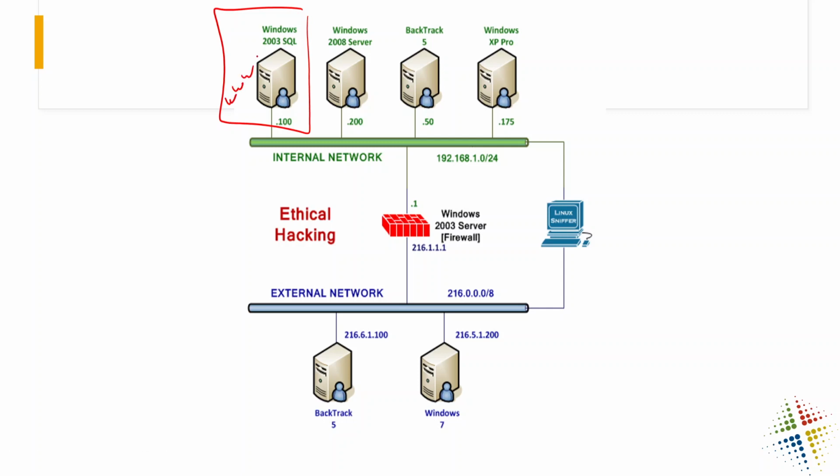What we're going to do is clone that down onto our backtrack machine. Once we've cloned that, we're then going to send a phishing email to the user up here on the XP machine to ask him to log into our website and basically pretend, hey, we're having some problems with this. Can you test it out for us? Because people want to be useful and friendly, of course they're going to do that.